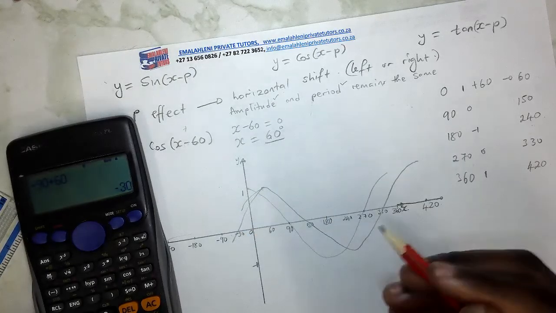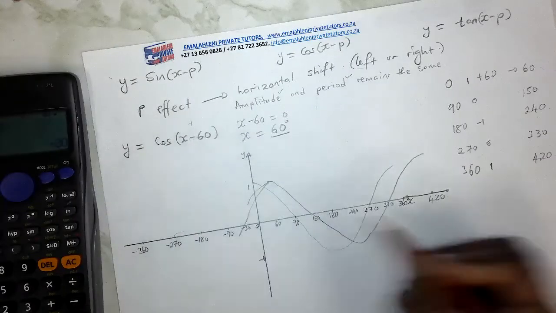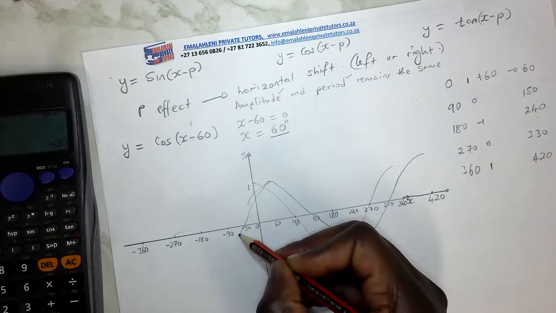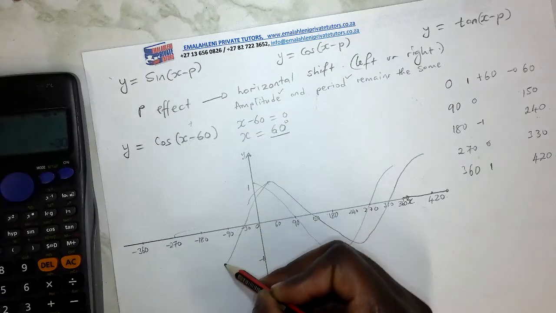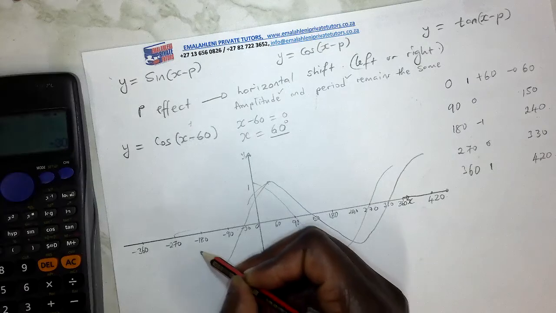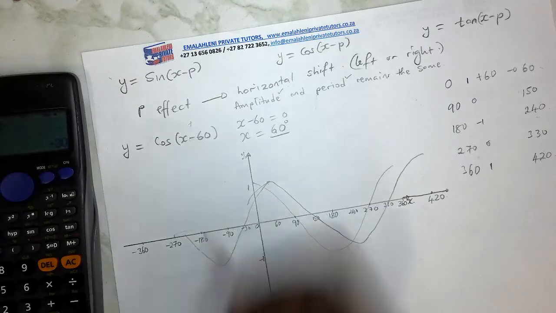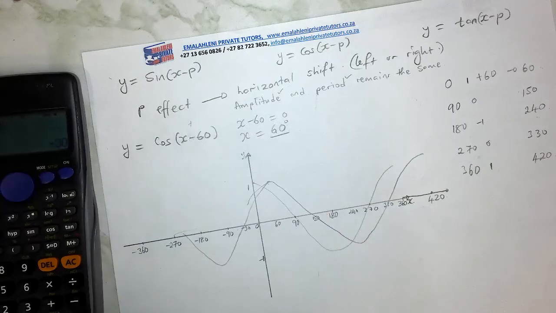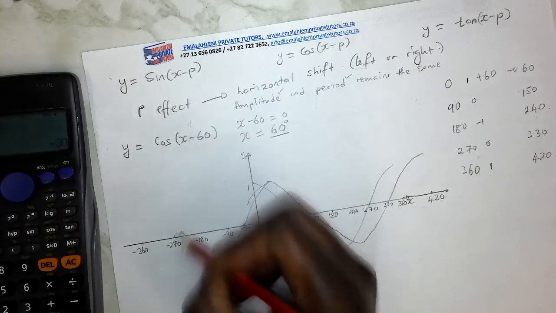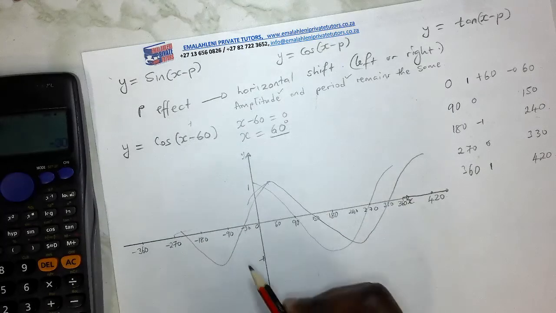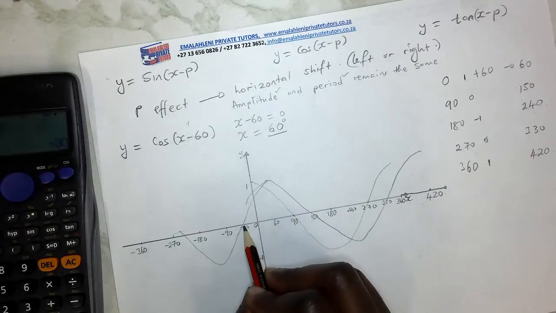That's what we're having here. Then it goes on to negative 150. Then it comes to 240. Is it correct here? Sorry. So it's negative 30 here.